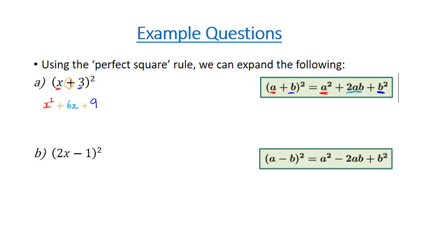So there's my example. In my second example question, there's a negative in the middle here, so that helps. My first term is going to be a 2x, and so my first term here is an a, but then it becomes a squared, so it must be 2x squared. So I can go 2x all squared.